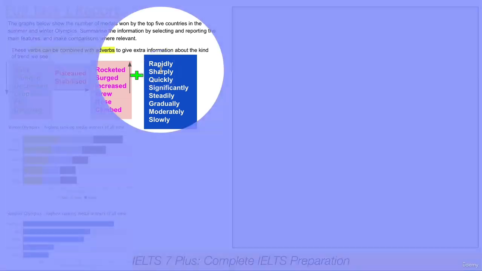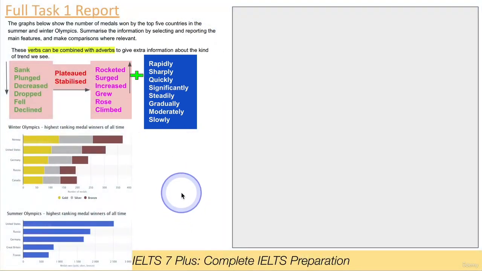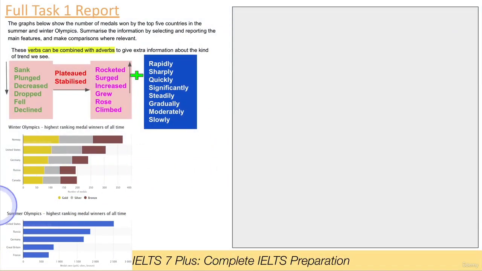And when we combine them with different adverbs to talk about how something is happening, so how did it increase, how did it decrease, these make for really nice descriptive reportings of what's happening. So really useful. You won't have this in the exam, unfortunately, but for today, we can use that. And of course, we've got our data, which we'll be using in the main body.